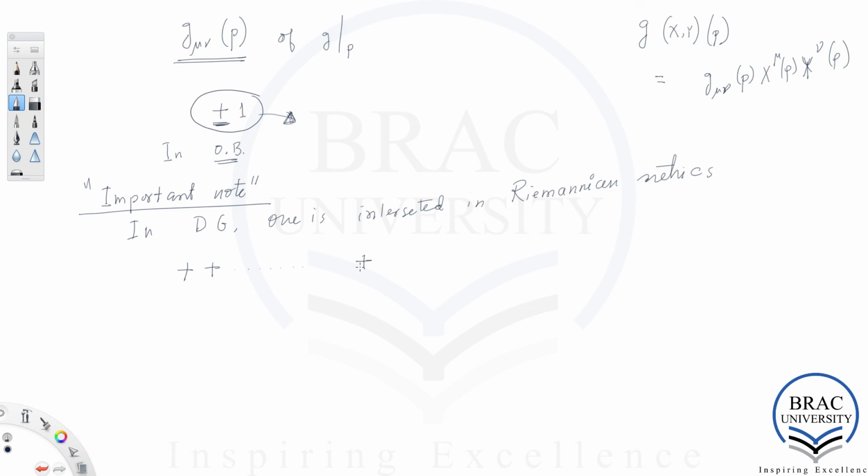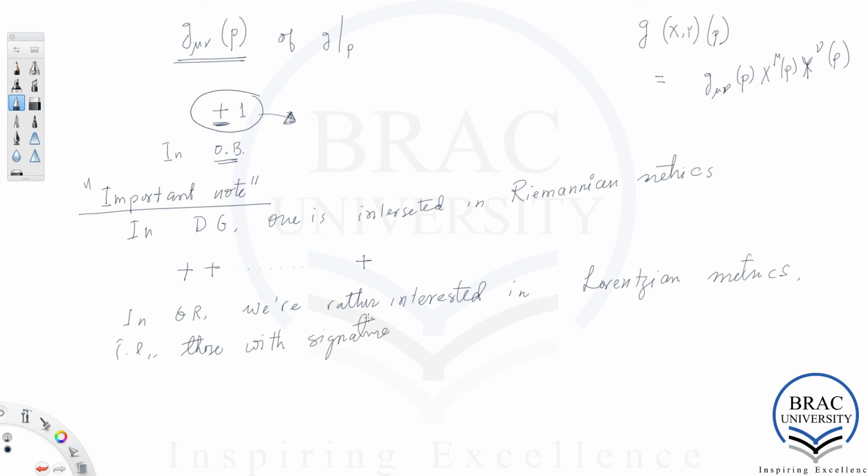So in GR, we are rather interested in Lorentzian metrics, that is, those with signature minus plus plus plus plus, the first one coming with a minus sign in the required orthonormal basis.